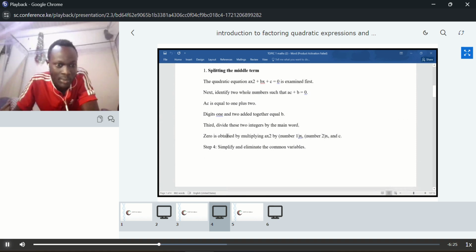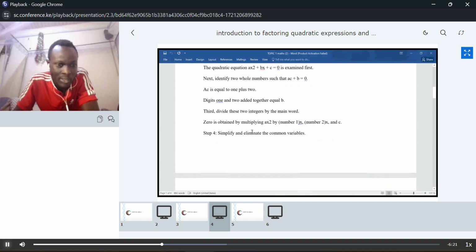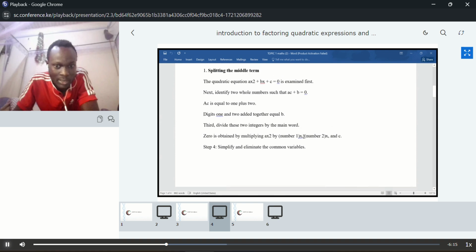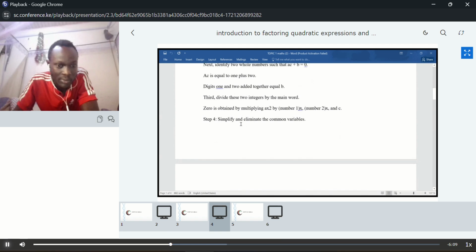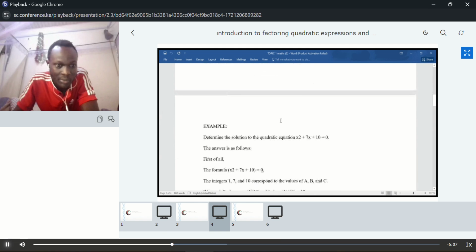So that we define these two integers by the middle term. Zero is obtained by multiplying x squared by number 1 and number 2, x and c. Step 4, we simplify and eliminate the common variables.